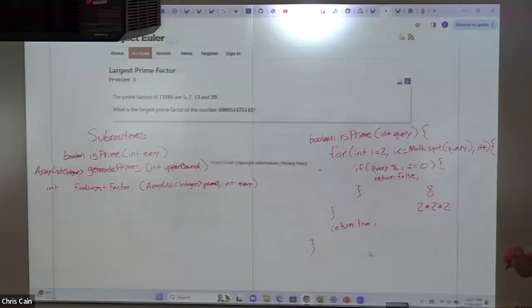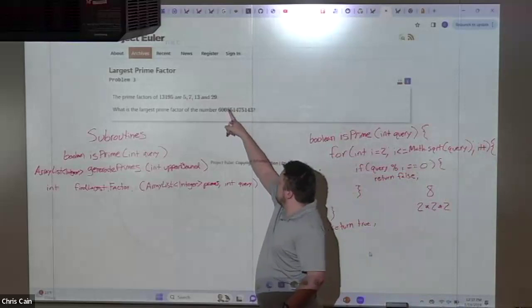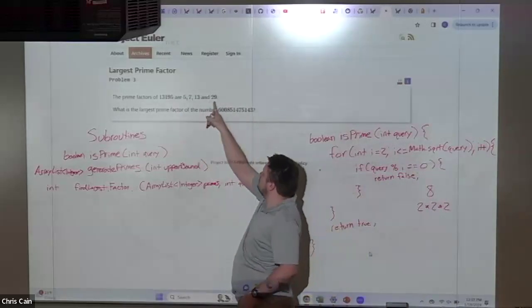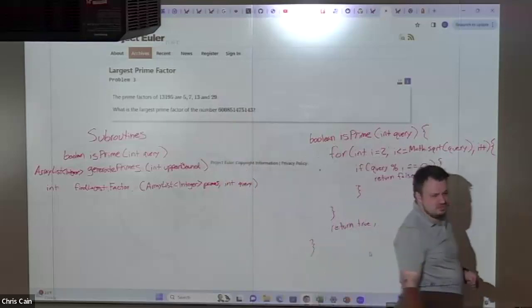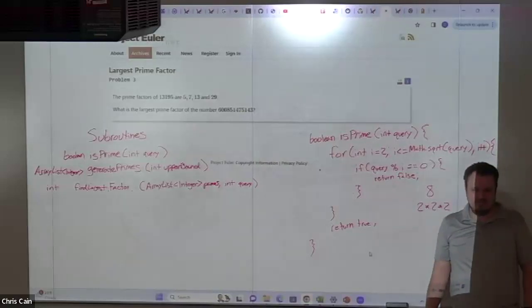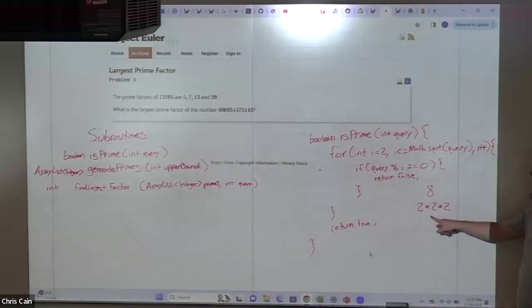You're going to skip over a bunch of unnecessary primes than if you started at the beginning, because most of these numbers are going to be small. And you can see that even for this massively large 13,195, the largest prime factor is a fairly small number. There are a lot of primes in between 29 and 13,195. So I recommend starting at the low end.